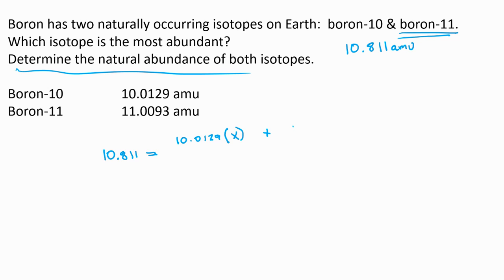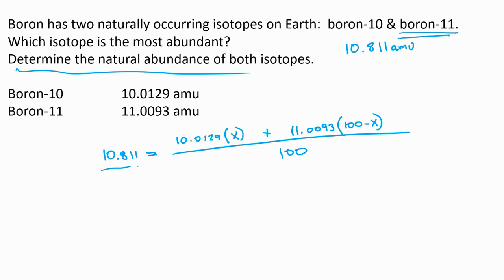Then we're going to add to it boron 11, which is 11.0093, times not Y, but if both of these have to add up to 100%, we can say that boron 11 is 100 minus X. And we still divide by 100.